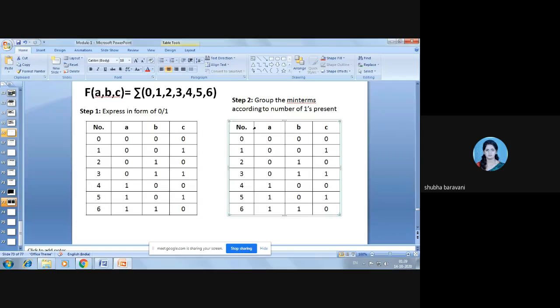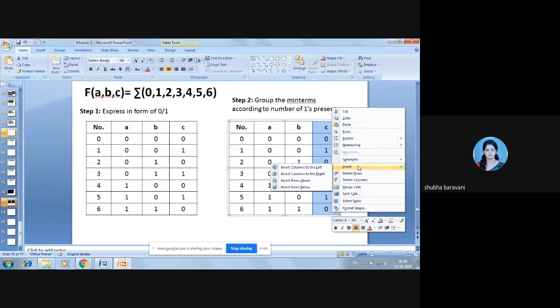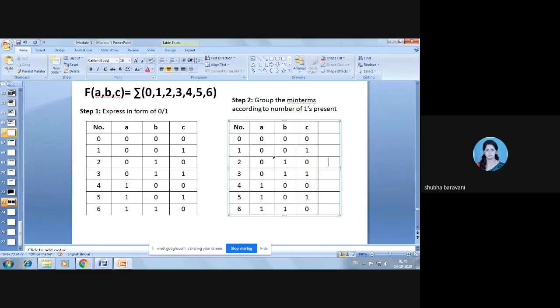I'll once again draw a table. See, it is written: group the min terms according to the number of ones present, and in the increasing order.